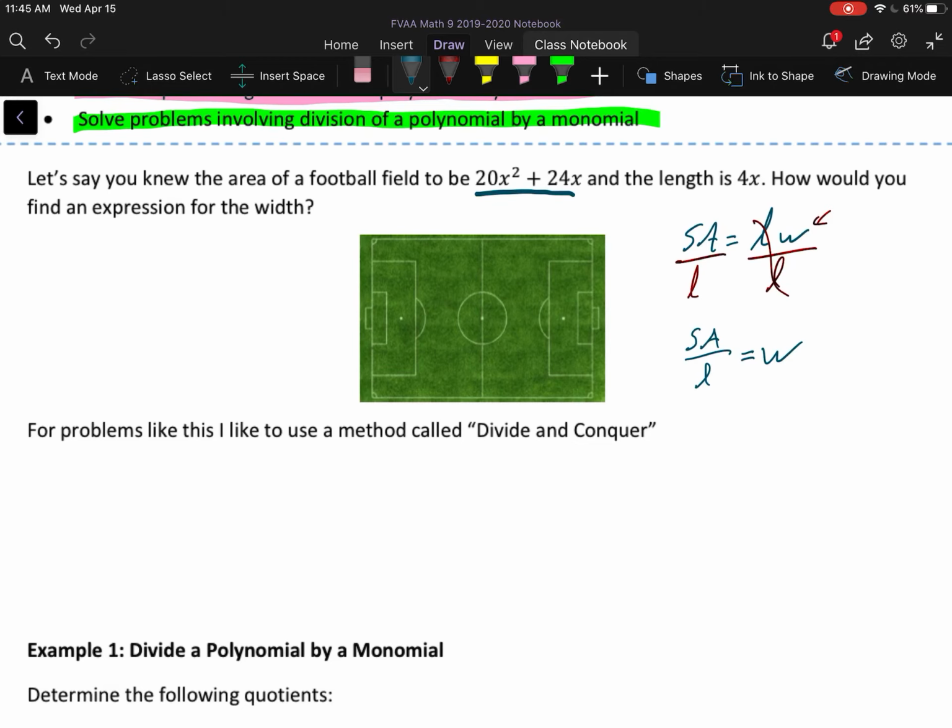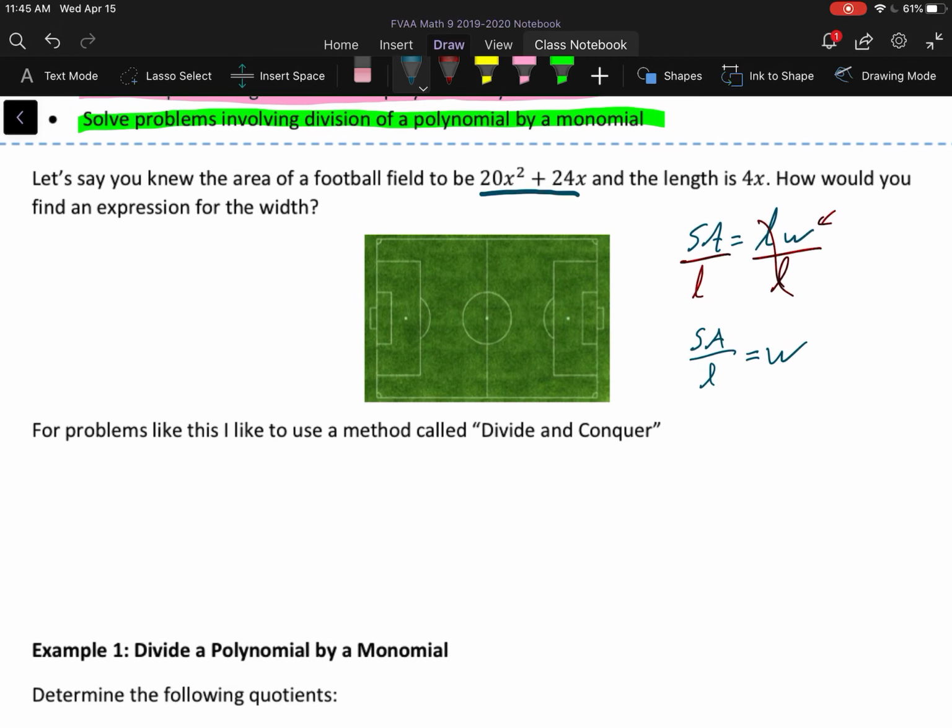So in this situation, my equation would be 20x squared plus 24x divided by my length, which is 4x.